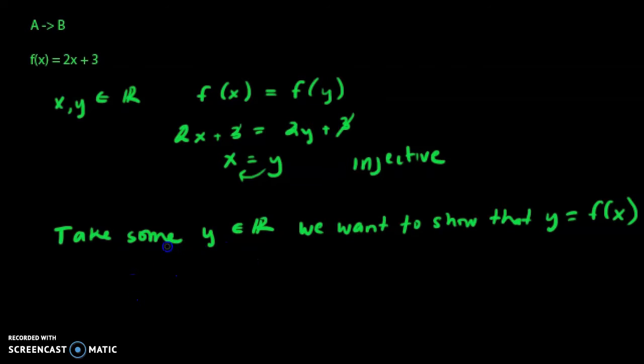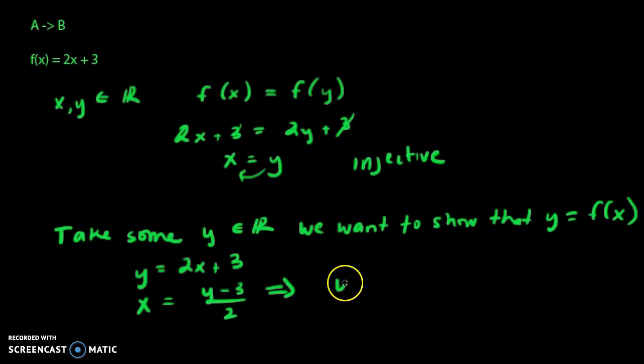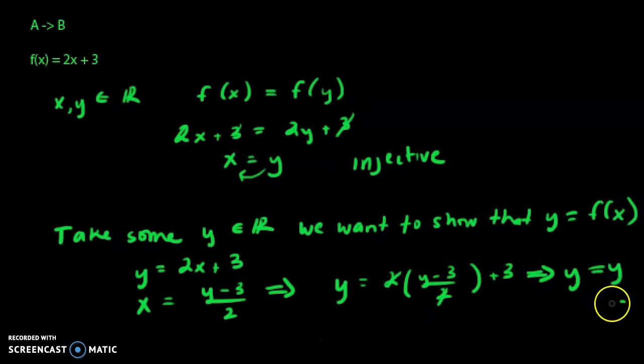We know y is equal to 2x plus 3. If we solve for x, we get x equals y minus 3 over 2. We plug that back into the equation, where y is equal to 2 times x plus 3, and we get y is equal to y. And that's our proof.